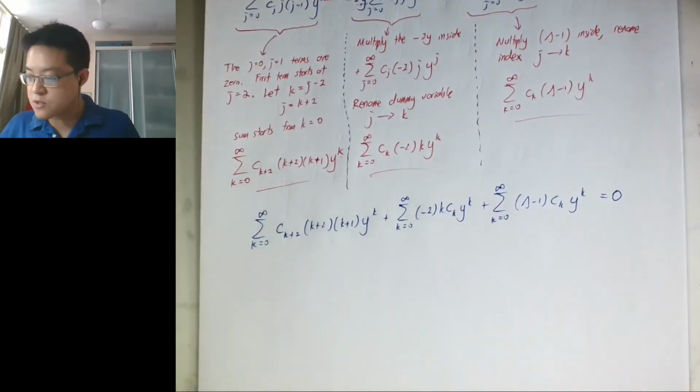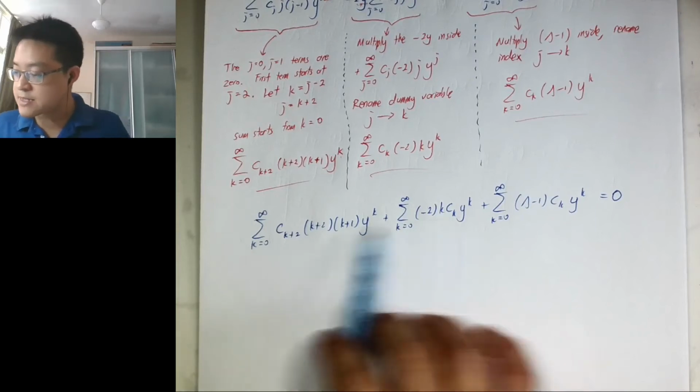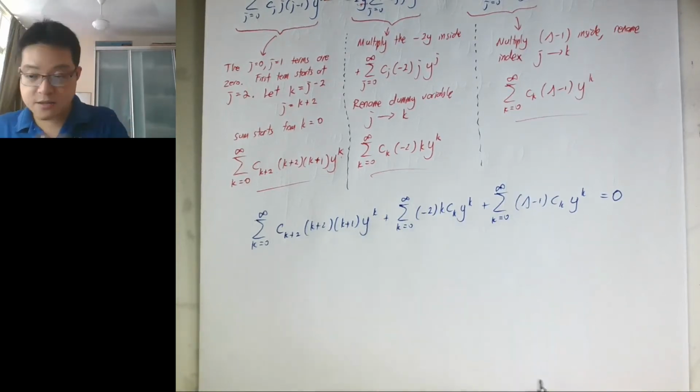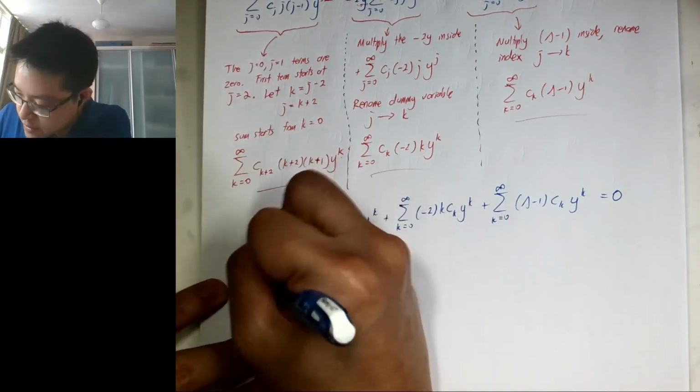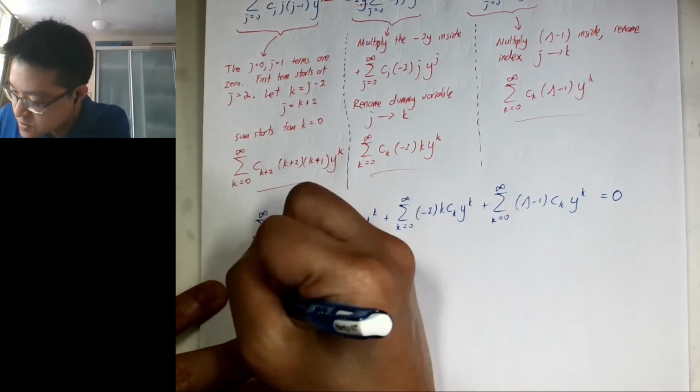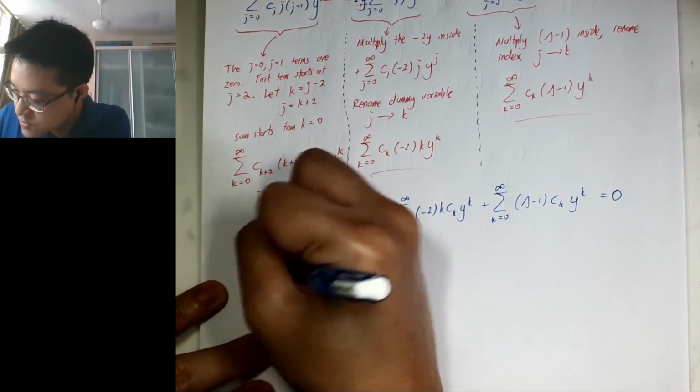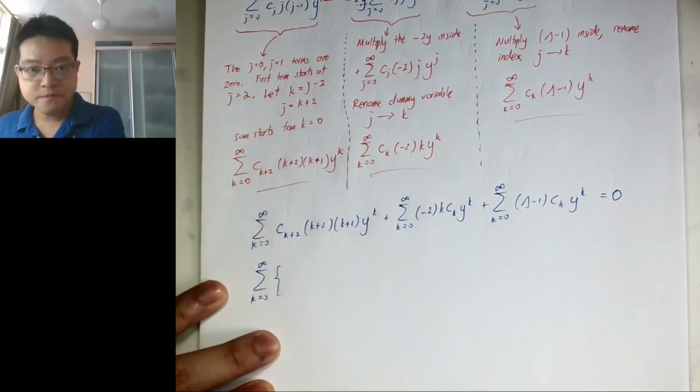Notice that now every term has a summation with the factor of y to the power k, so I will factorize the y outside. Everyone sums from k equals 0, so I can just do this whole thing over here.